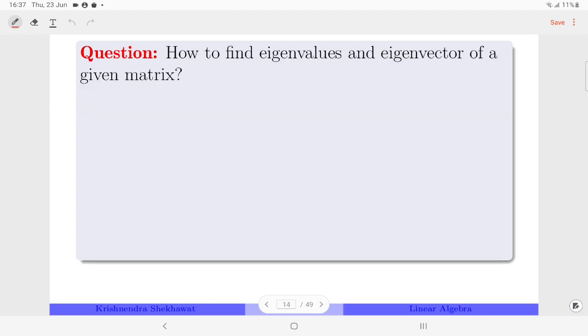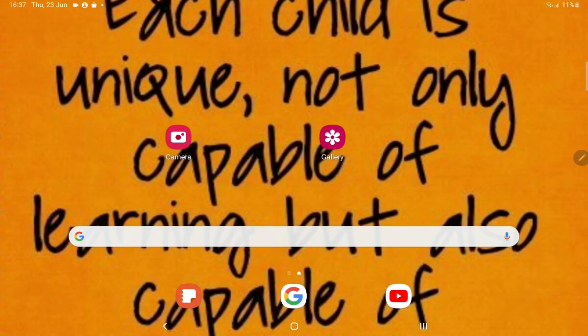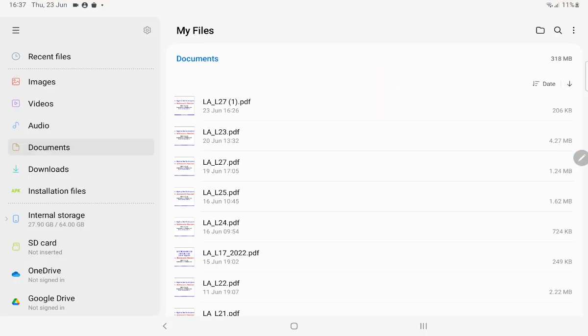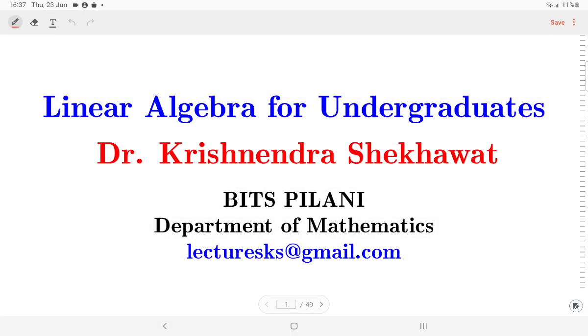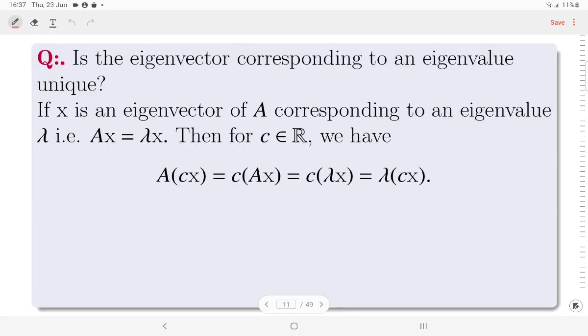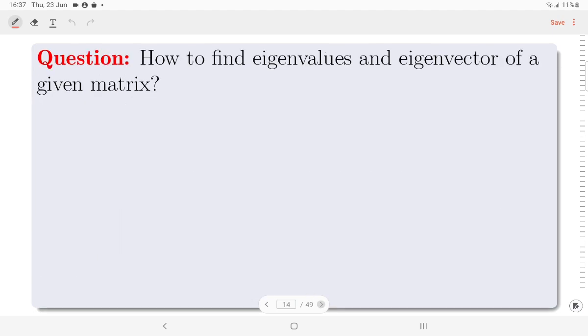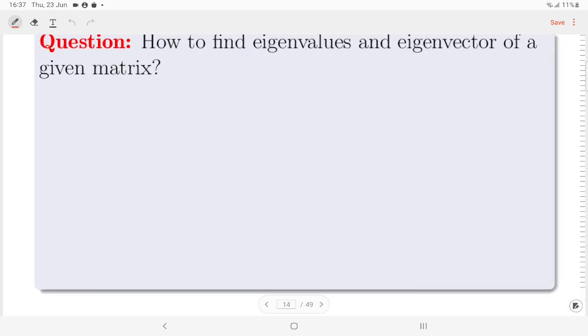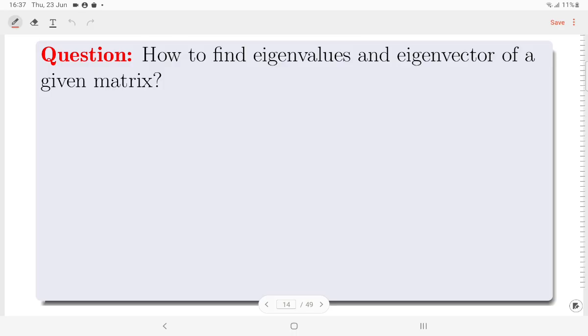Now how do we find the eigenvalues and the eigenvectors? So we know that to have lambda be an eigenvalue, it should satisfy Ax is equal to lambda x. So how do we find the eigenvalues and eigenvectors?